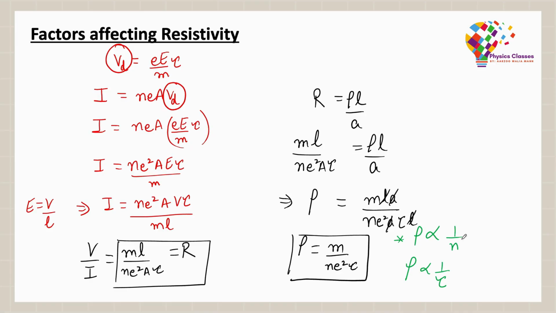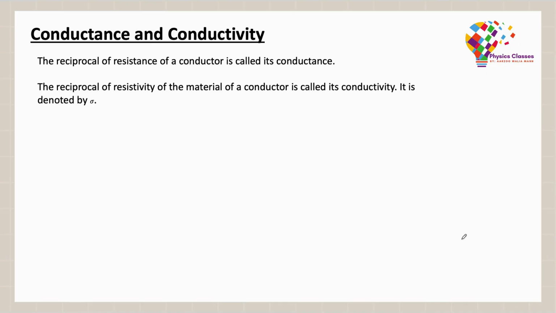Now lastly, we are going to talk a little about the temperature dependence of resistivity. But before that, let me also define conductance and conductivity for you. The reciprocal of resistance of a conductor is called its conductance. Conductance is represented by G, and it is simply 1 by R. And conductivity is represented by sigma, and it is the reciprocal of resistivity.